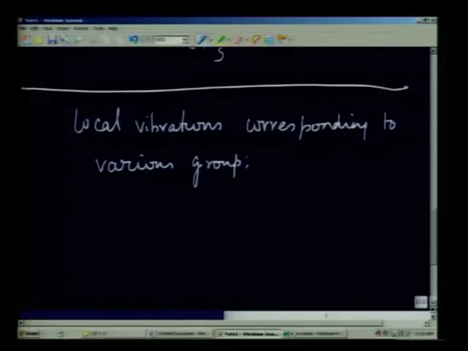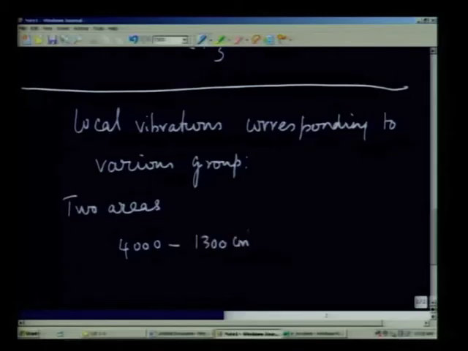For example, there are two areas we can concentrate on: around 4000 to 1300 centimeter inverse, this is one section, and the other area where we can look for vibrations which are characteristic of the compound is between 900 and 650 centimeter inverse.